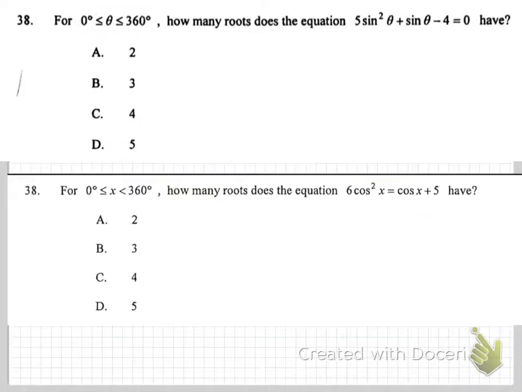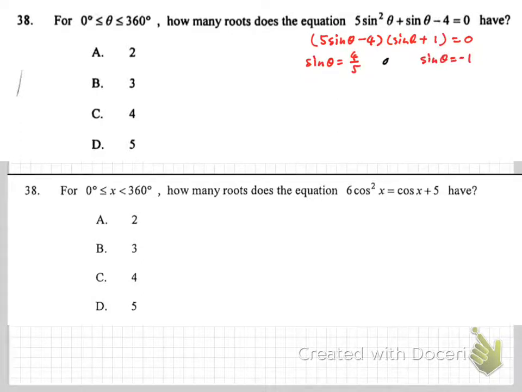For the top question, it is a quadratic equation, so we can factorize the quadratic equation. We have 5 sine theta minus 4 times sine theta plus 1 equals 0. So we have two answers. Sine theta is 4 over 5, or sine theta is -1.